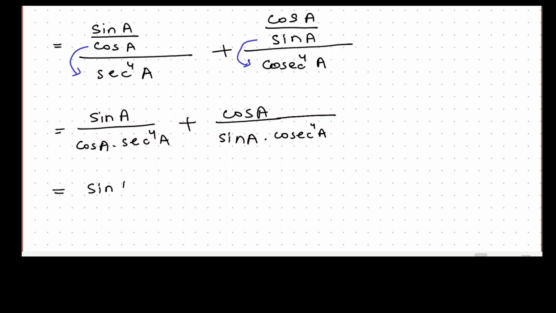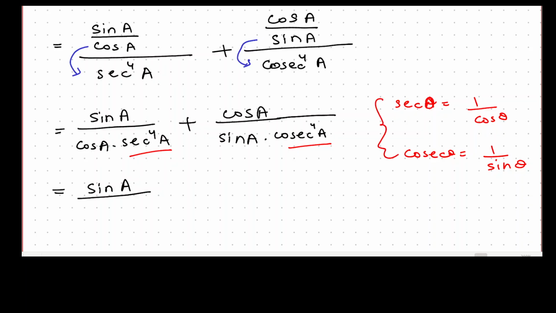Now we know that sec theta is equal to 1 upon cos theta and cosec theta is 1 upon sin theta. So in place of cosec and sec we can use these two identities.